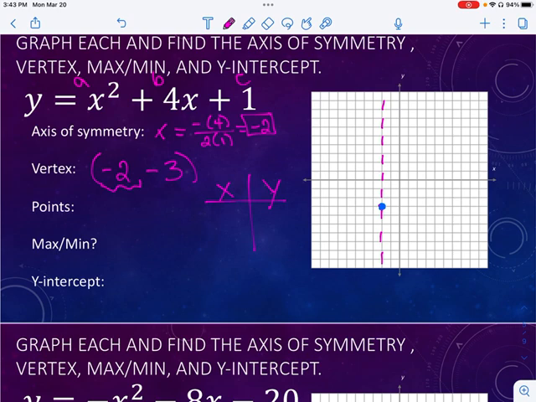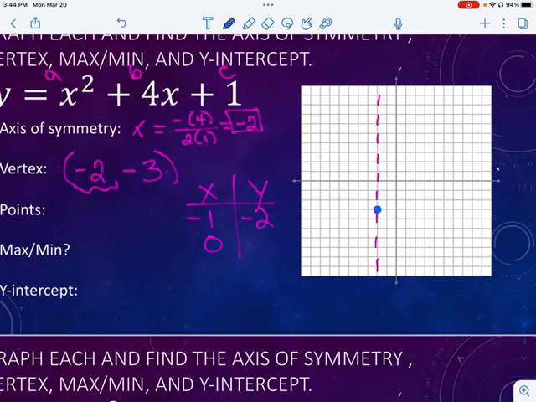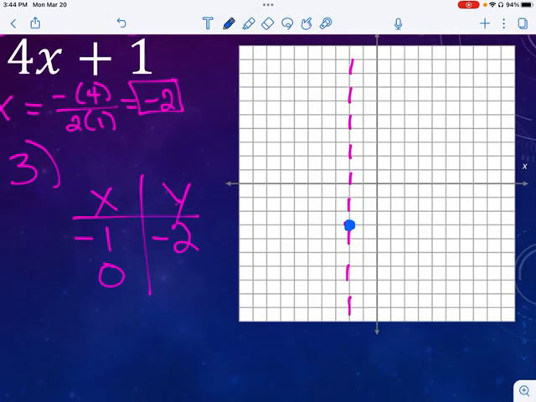So I want to go negative 1, 0, or I could also go negative 3, negative 4. Then what I'm simply going to do is plug those values in. So negative 1 squared is 1. 4 times negative 1 is negative 4. So that would get me a negative 3, plus 1 would be a negative 2. So if I come over here to my graph, I'm going to plot a point at negative 1, negative 2.